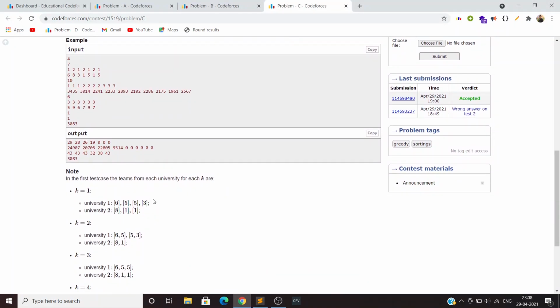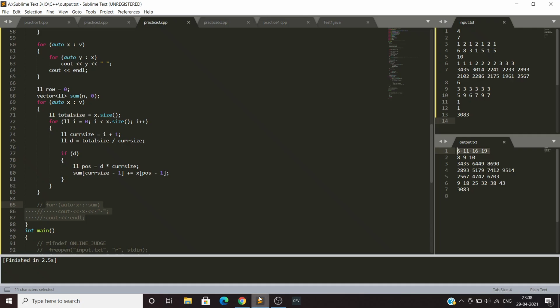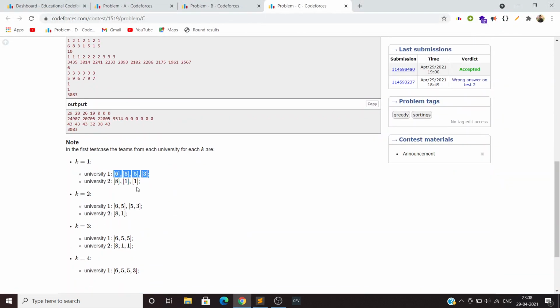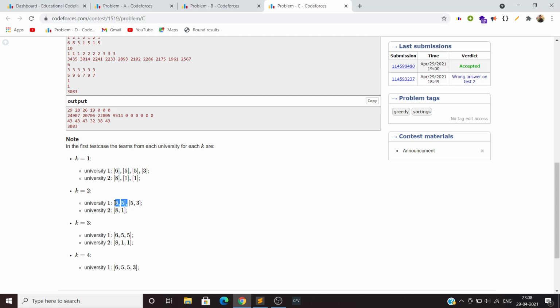Just like this, the sum of the first 4 is 19, the sum of the first 3 is 16, the sum of the first 2 is 6 plus 5, which is 11, and the sum of the first 1 is 6.